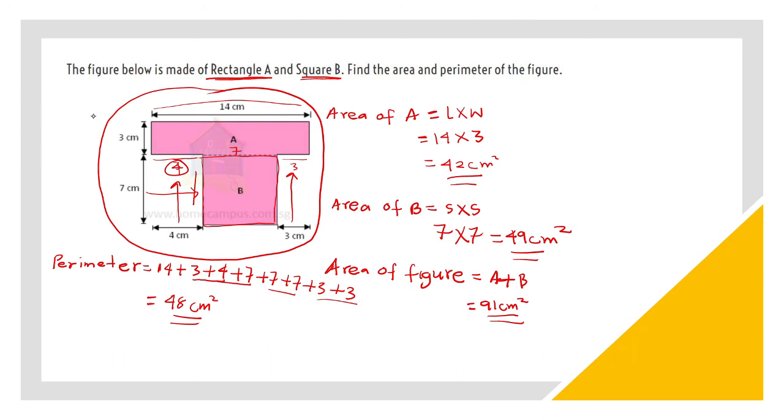14 plus 3 plus 4 plus 7 plus 7 plus 7 plus 3 plus 3. All right. So you actually end up getting 7 here. 7 plus 7, 14 again, right? Do we get 48?